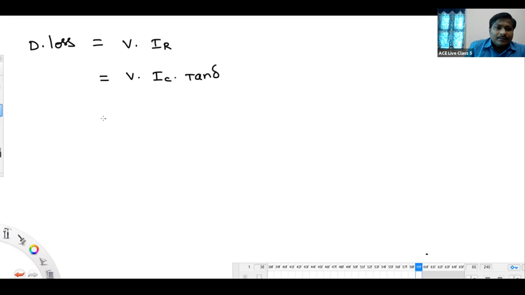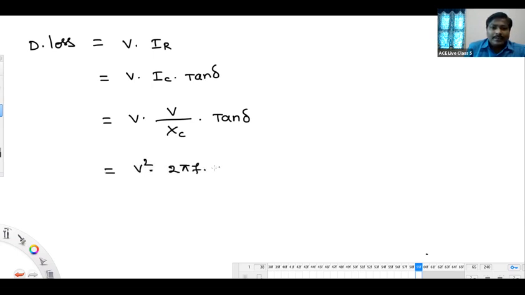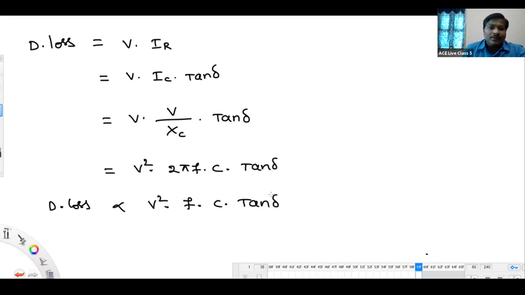IC is V by XC, so you can write V square into 1 by XC, which is 2 pi f C, into tan delta. So dielectric loss is proportional to voltage square, frequency, and capacitance into tan delta.